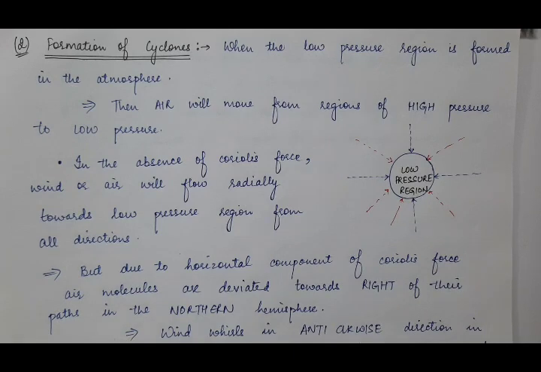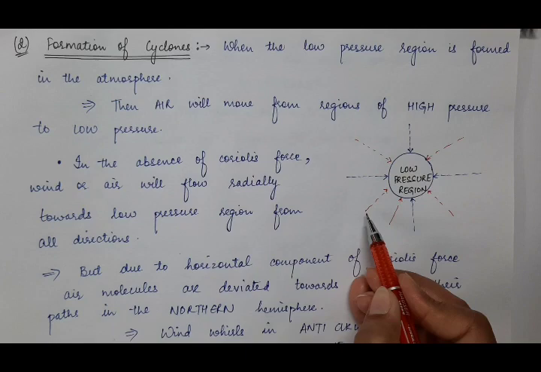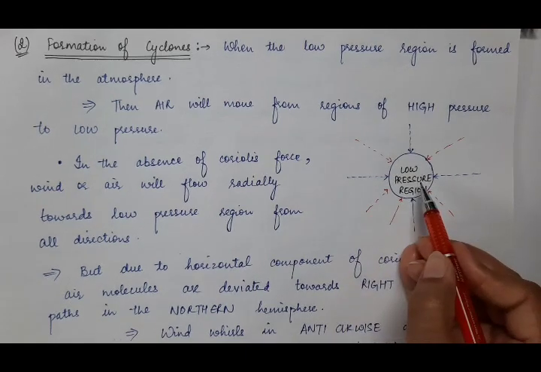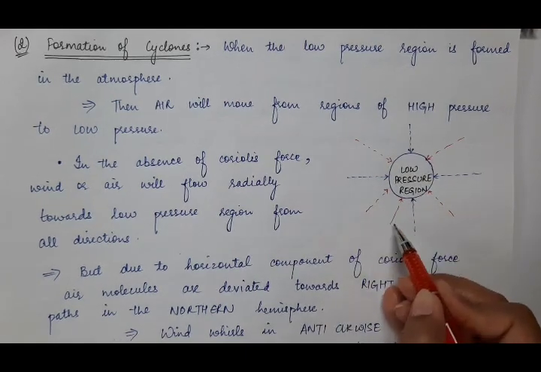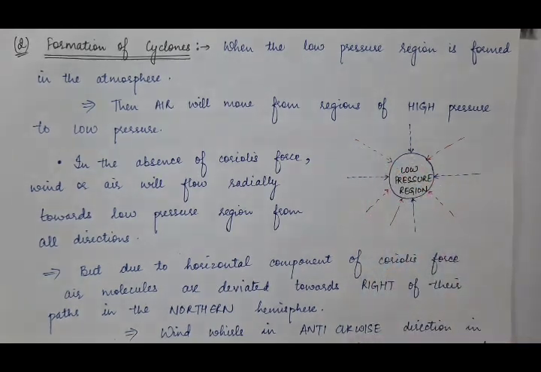And if there is no Coriolis force, then the air molecules moving from the high pressure region to the low pressure region will trace this path, and there will be no formation of cyclones. But there is formation of cyclones, we all know that, and that is because of the presence of the horizontal component of Coriolis force.